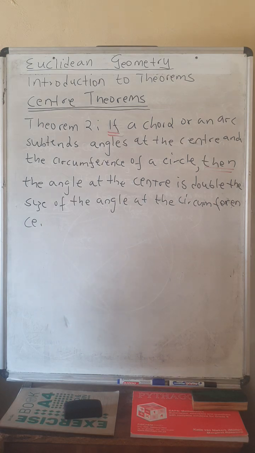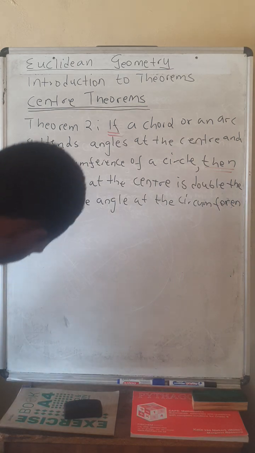They simply say the angle at the center is double the size of the angle at the circumference. That's how many people state the theorem. But with me here, the aim is to give you the full theorem so that I can explain the condition and the conclusion in a proper manner.